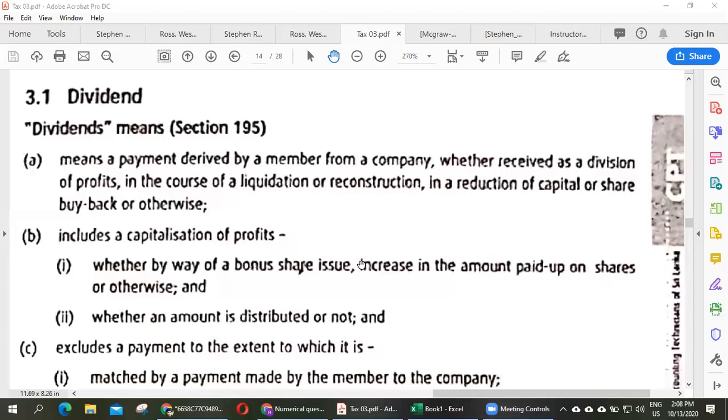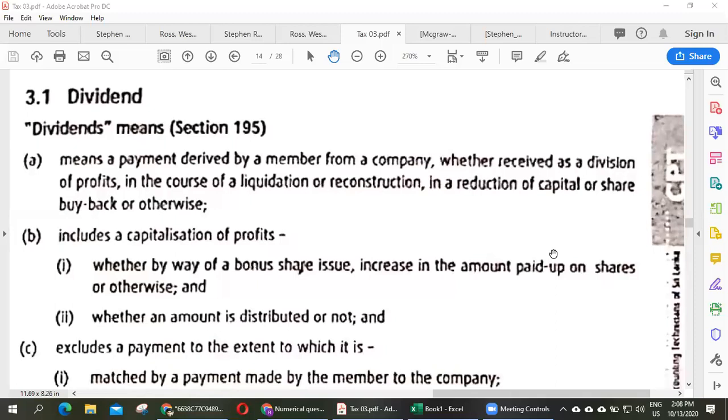Okay, we will discuss in detail the elements of investment income. Dividend. Dividend means a payment derived by a member from a company, whether received as a division of profit in the course of liquidation or reconstruction, in a reduction of capital or share buyback or otherwise.